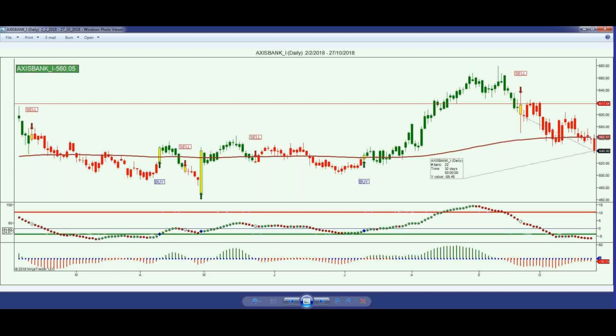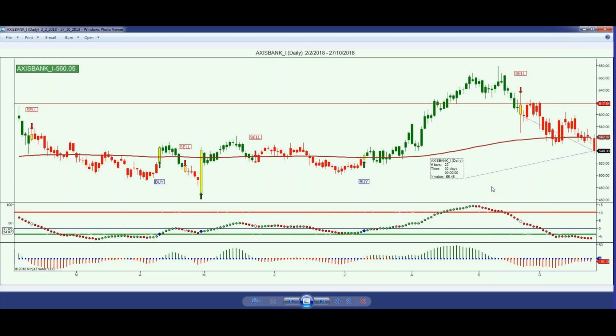You're seeing here, Axis Bank has given me 55 points in a period of 32 trading days. So 55 into my lot size for Axis, which is 1200, has given me a profit of 66,000 rupees as of now.